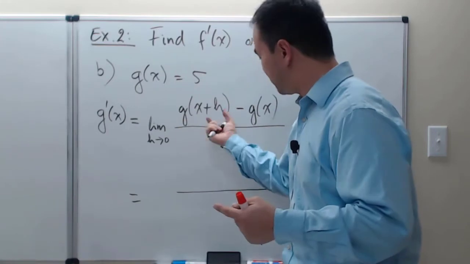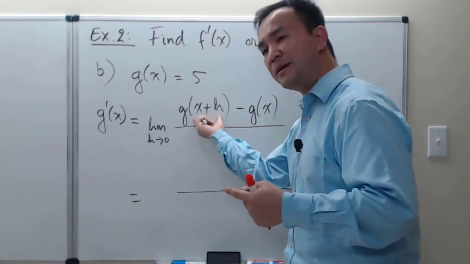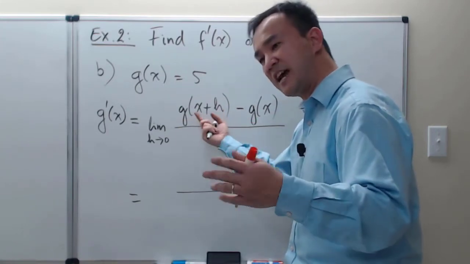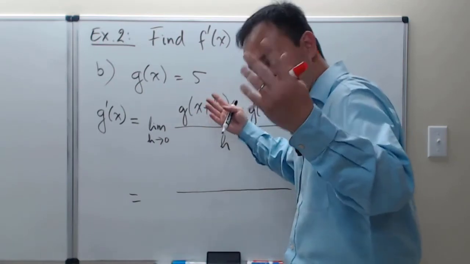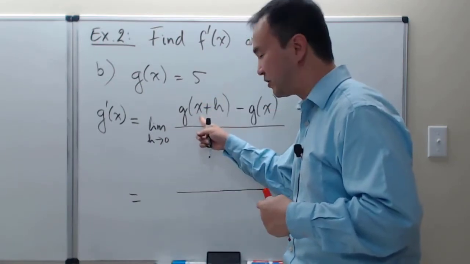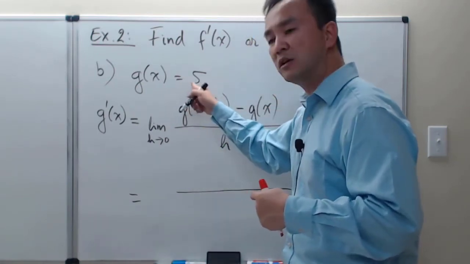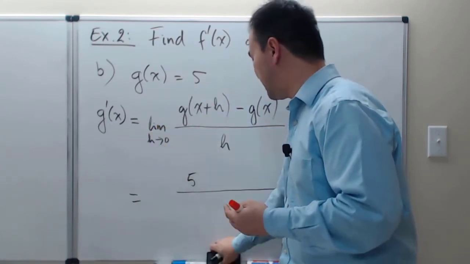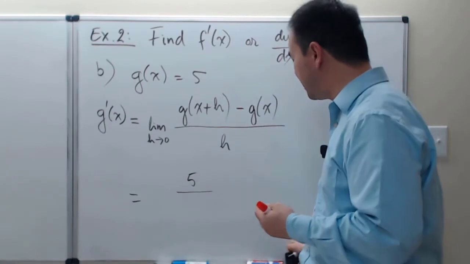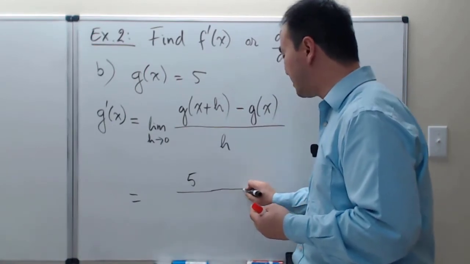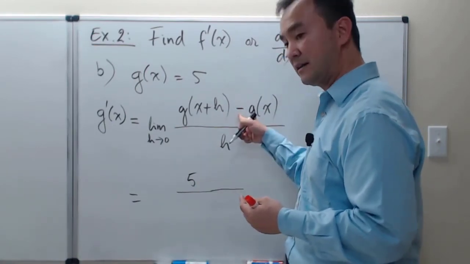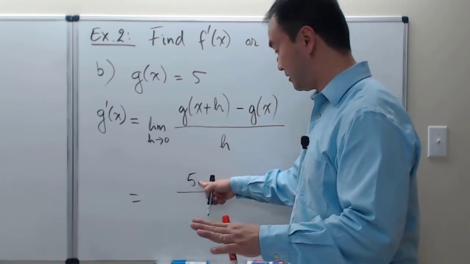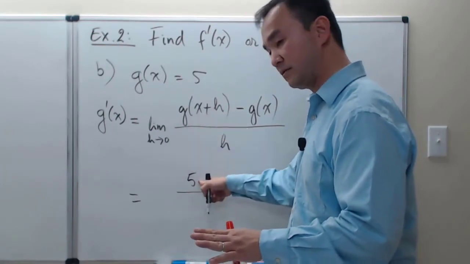That means regardless of whichever input, it could be x, it could be x plus h, it could be 3,000 plus h, whatever we're substituting for the input, your function output value remains the same. So we're looking at 5 minus, and that's surprisingly done for g of x plus h, it's 5.